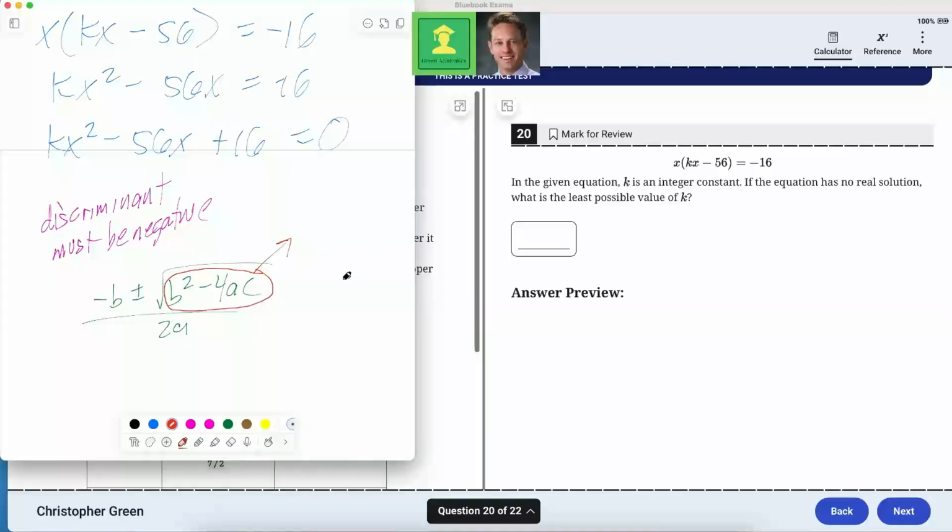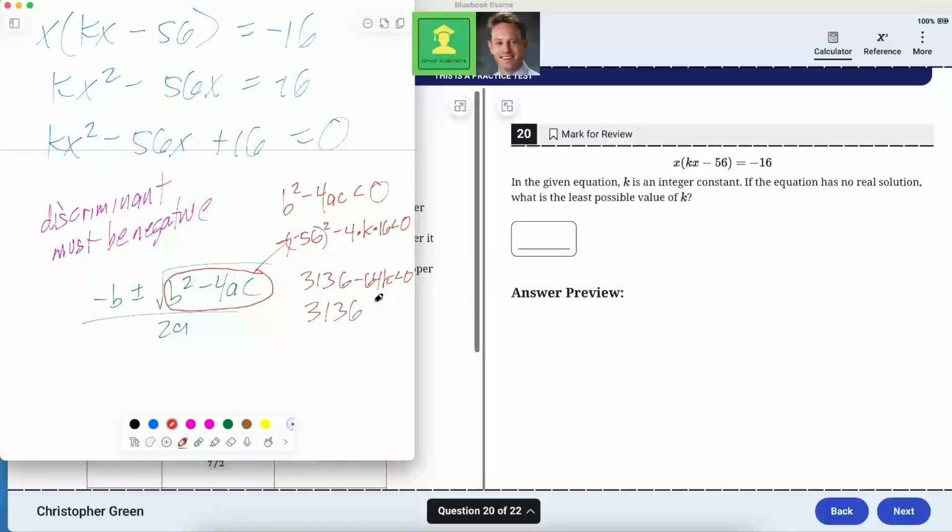They would be complex. They'd be non-real. So no real solutions for a parabola is when the discriminant is negative, which is to say when b squared minus 4ac is less than 0, which in the context of this question would be negative 56 squared minus 4 times k times 16 is less than 0, which is 3,136 minus 64k is less than 0.